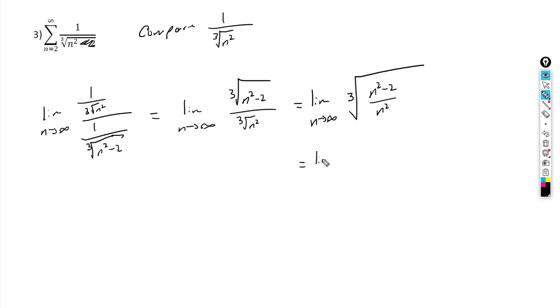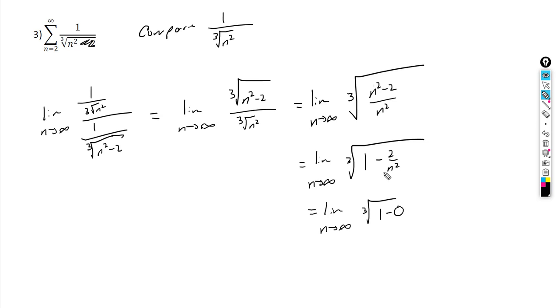But that's the same as the limit as n approaches infinity of the third root of 1 minus 2 over n squared, right? I split the fraction, okay? And so then this is the limit as n approaches infinity of the third root of just 1. And you're like, well, 1? Well, it's 1 minus 0, right?